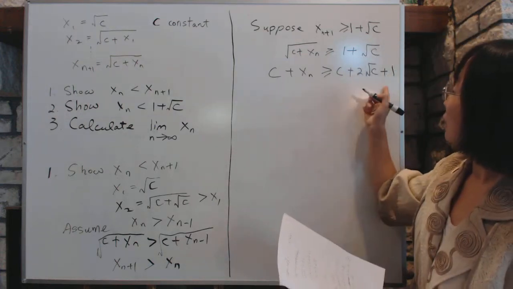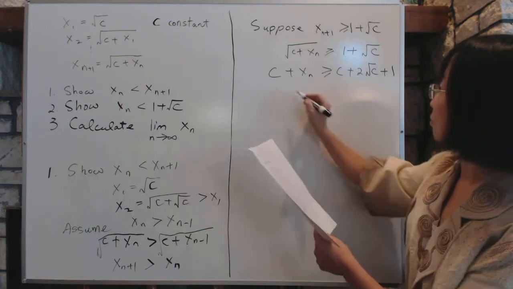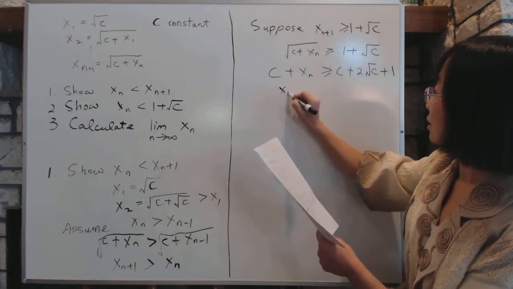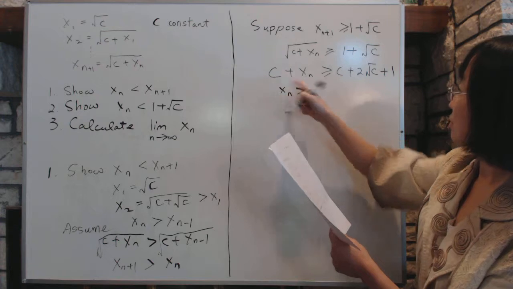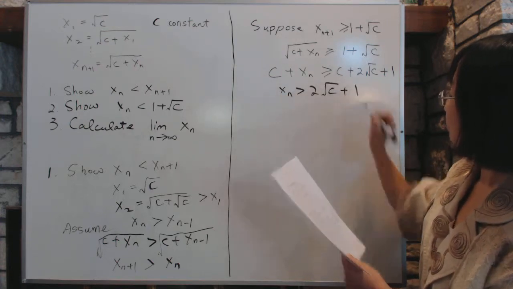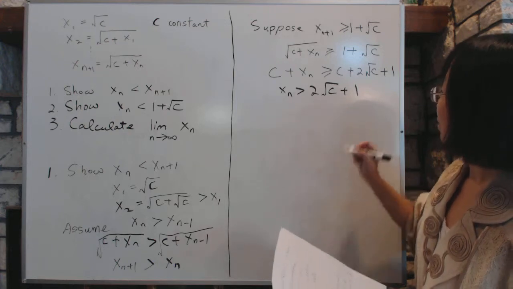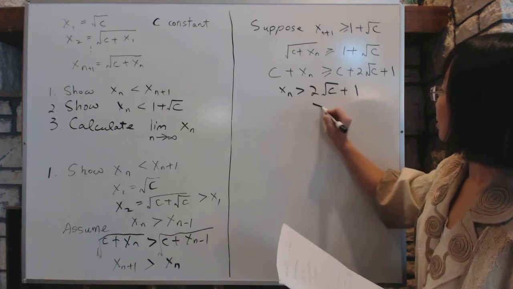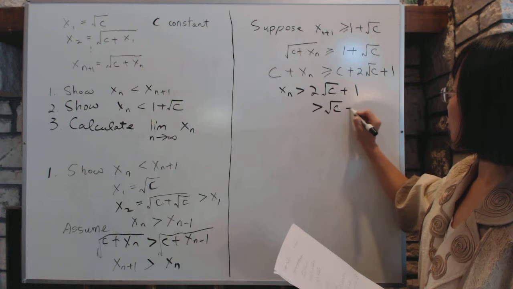I'm just doing algebra here. Then you clear that out, get rid of the c's, and xn is bigger than 2 square root of c plus 1. What is that? Well, that is definitely bigger than just square root of c plus 1.